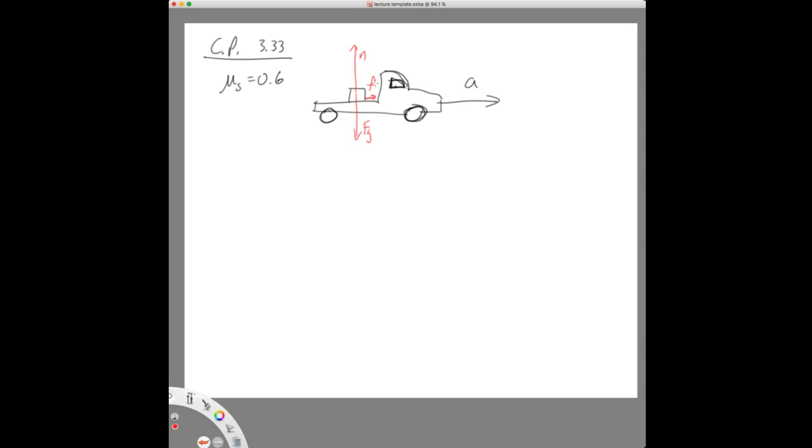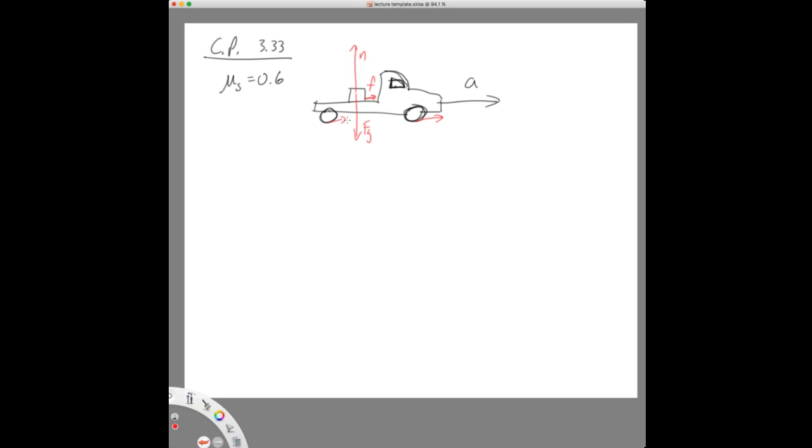Now that may not be what you were expecting because the box is moving forward, and we tend to be used to friction being opposite to the way something's moving. But keep in mind, a truck only moves forward if it has friction. If you're ever in the truck on ice and you hit the gas, it doesn't go anywhere if you don't have friction.